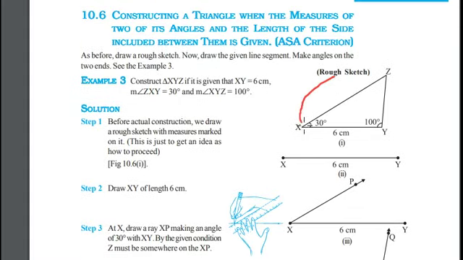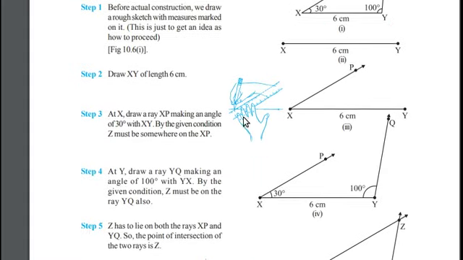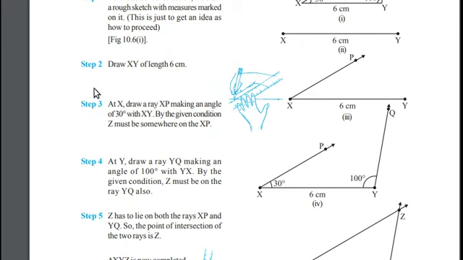So this is our first step, drawing a rough sketch. Now coming to the actual construction, step 2, draw the line segment XY of length 6 cm. Then make use of protractor to mark the angle 30 degree.